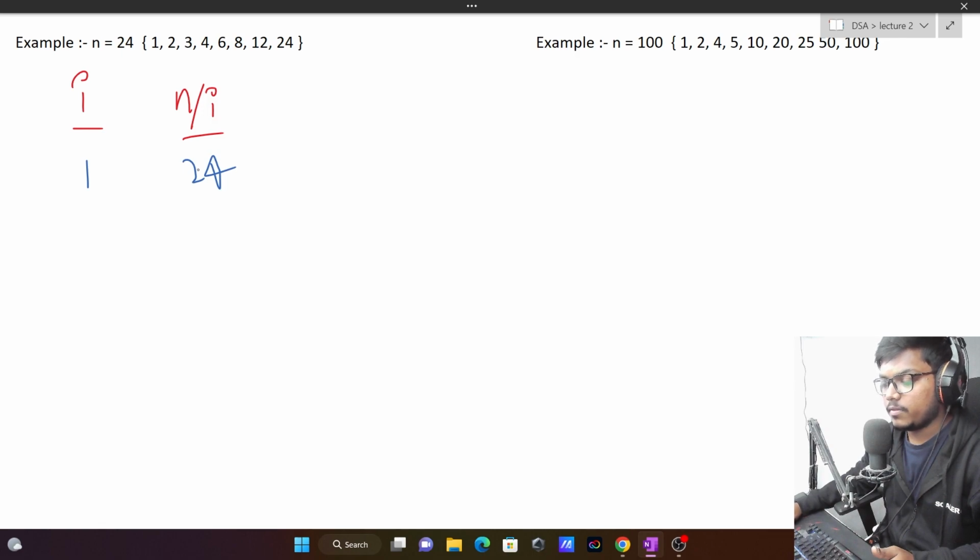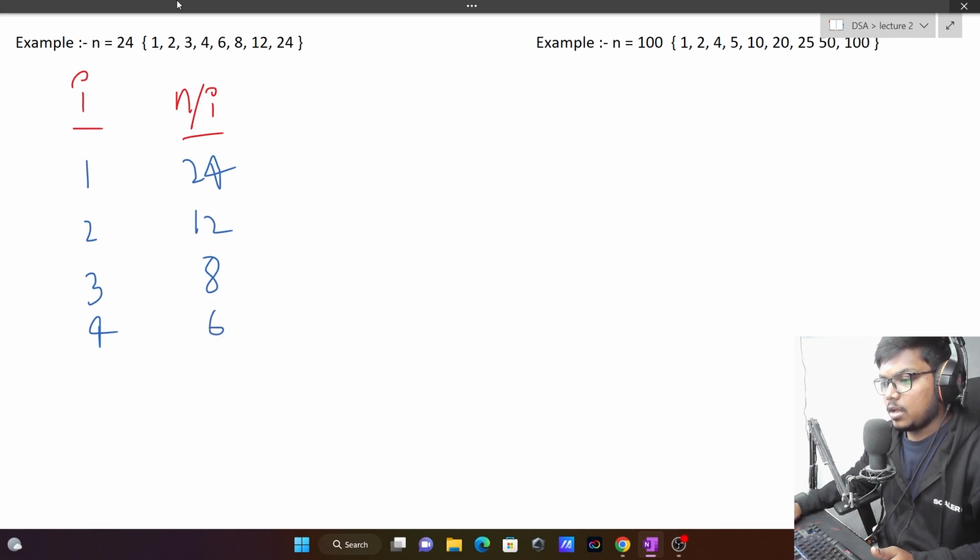And 2 is a factor. What will n by i be? 24 by 2, it will be 12. If the factor is 3, then what will be n by i? It will be 8. Now if the factor is 4, what will n by i be? It will be 6. 4 times 6 is 24, right?